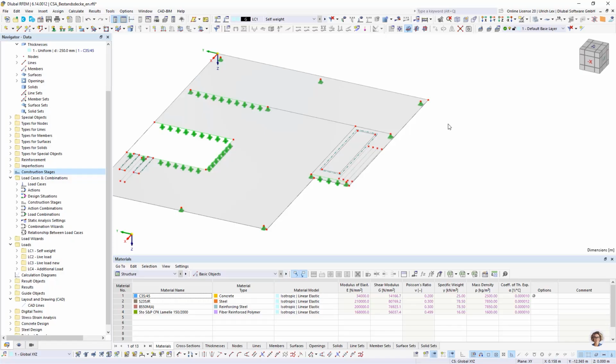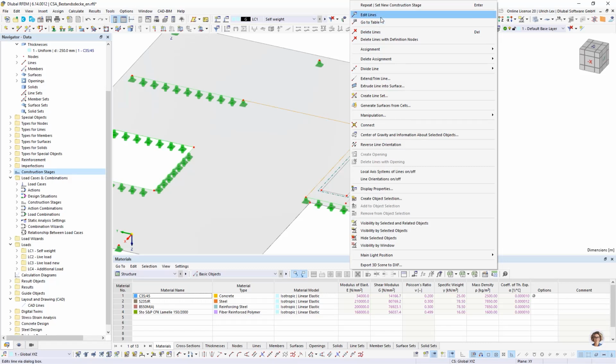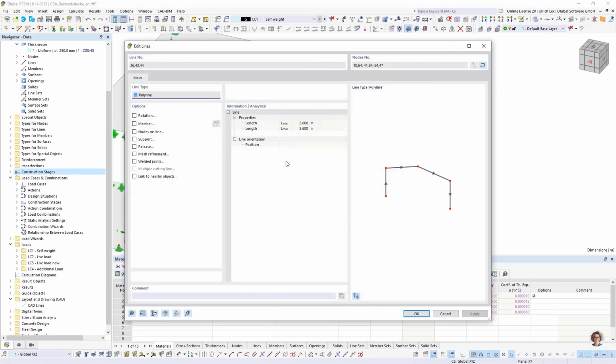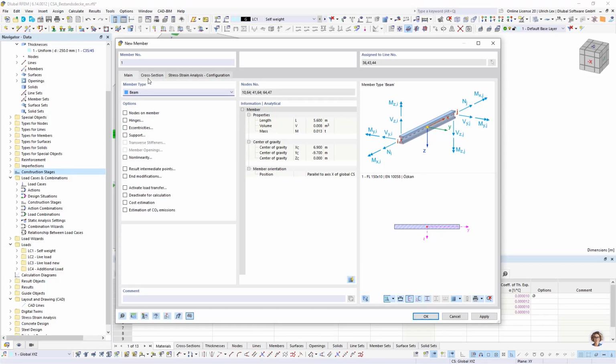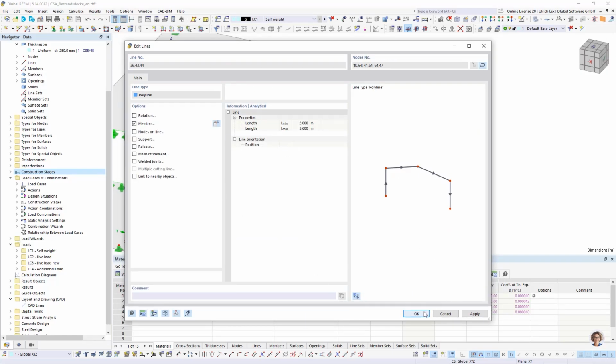So then I can start with the modeling. I choose my lines and edit these lines. I add here a member. I choose a cross section, maybe an IPE.